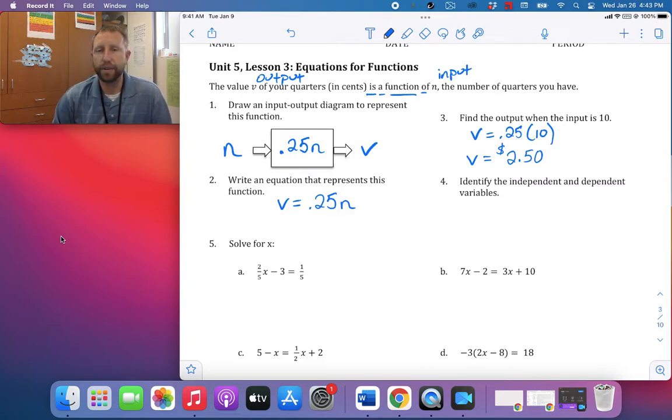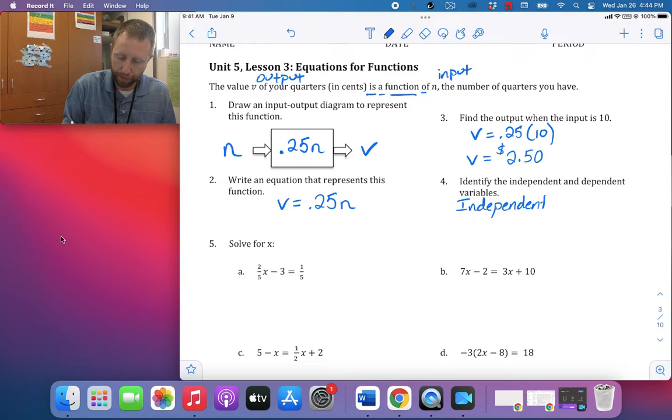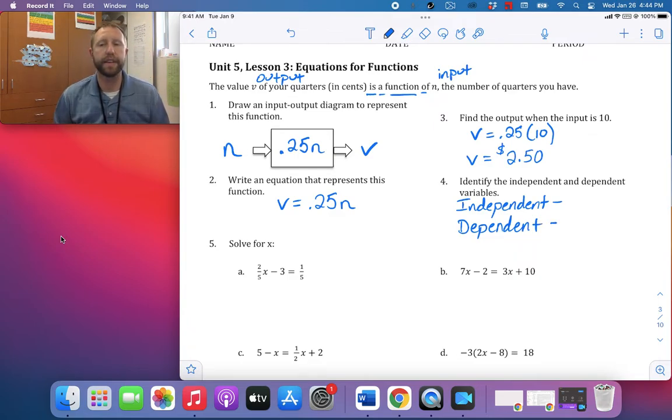The last question that goes along with this says identify the independent and dependent variables. My independent variable in this case, remember I and I, independent goes with input.